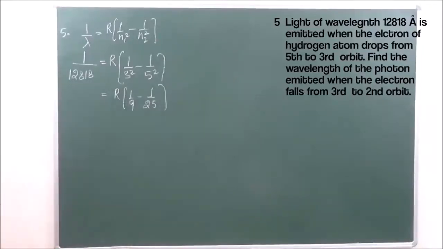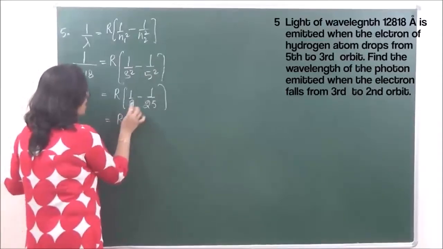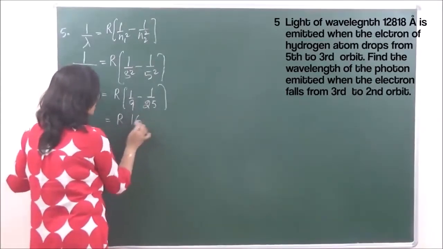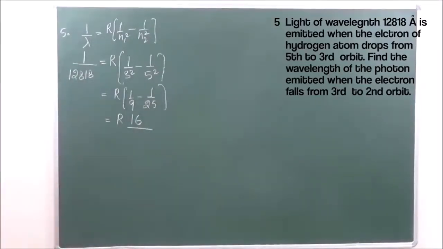So this when calculated it comes to 16 upon 9 into 25, multiplied by R. That is what we are going to get over here.